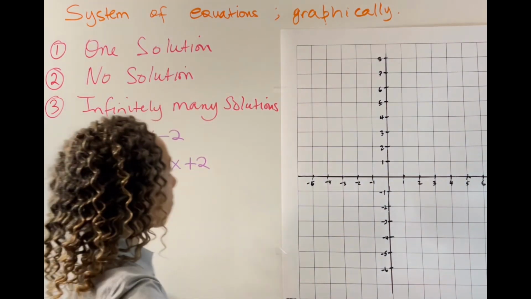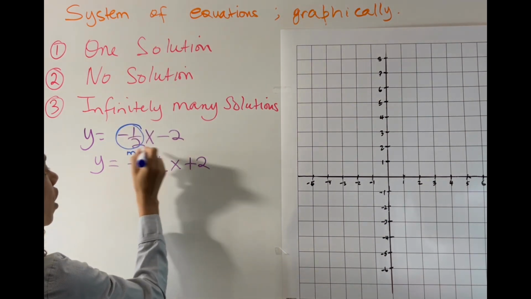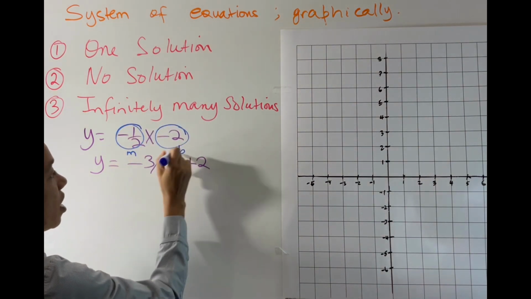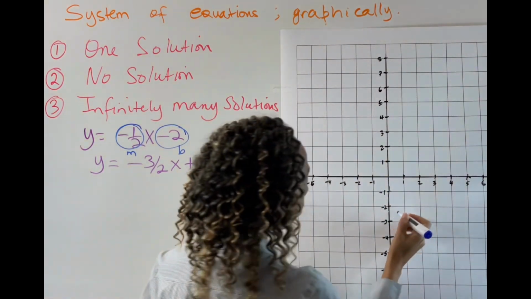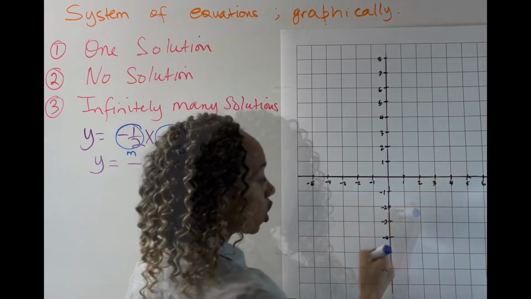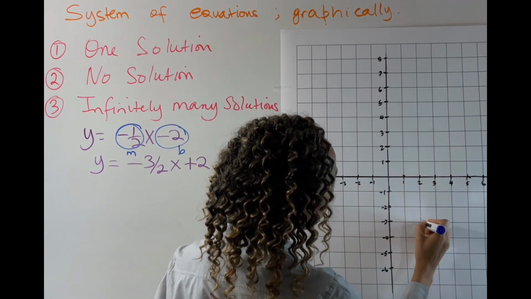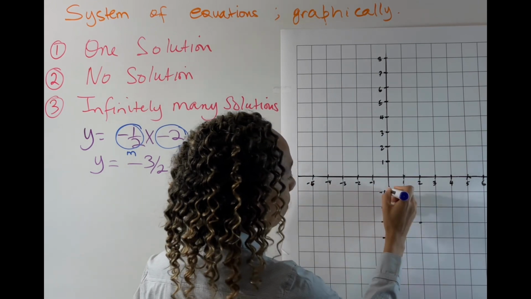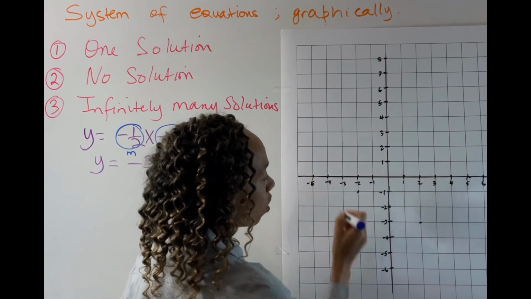So when you are given a linear equation, you have to identify your slope, which is your m here, and your b. You need these two points. So for the first one, we have -2. So we are going to start at -2. The slope is -1/2. So down 1 over 2 or up 1 over 2.